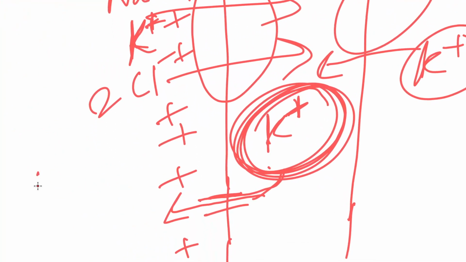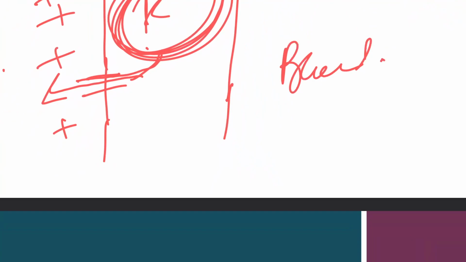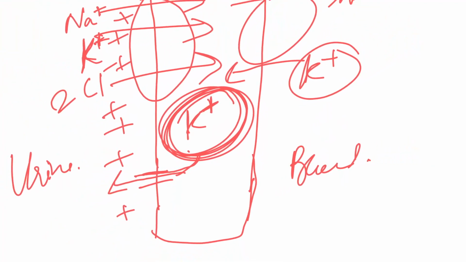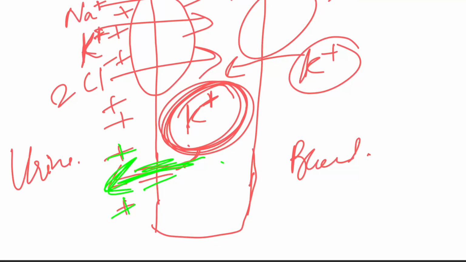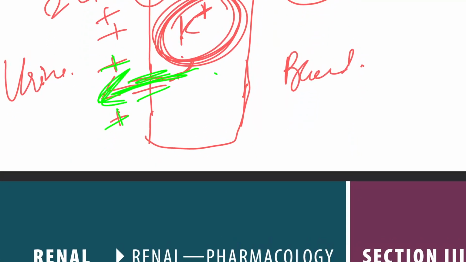Remember, this is all urine, and this is all blood. And this is the tubular cell that is doing the actual transport. So that potassium leaks out and causes positivity on the luminal membrane, a potential gradient. As you know, positive charges repel each other.